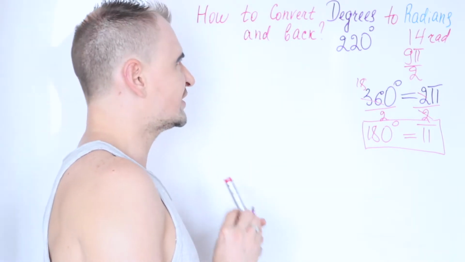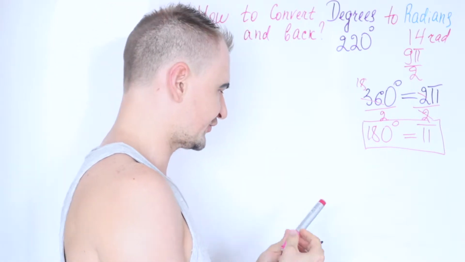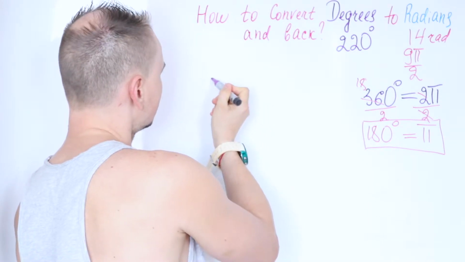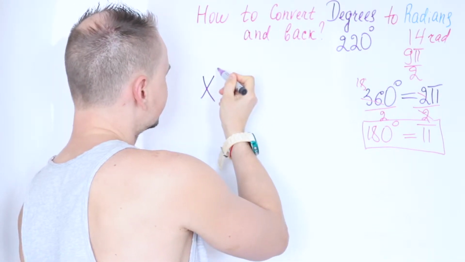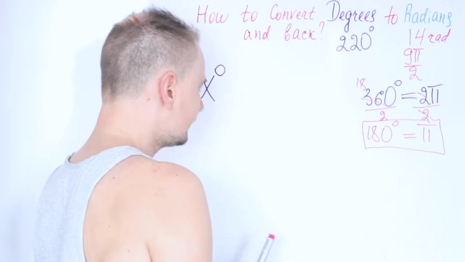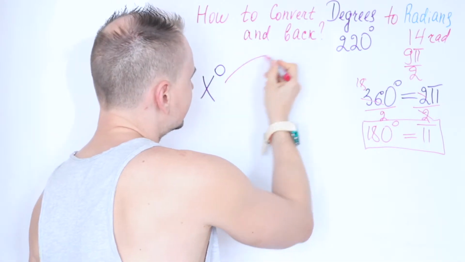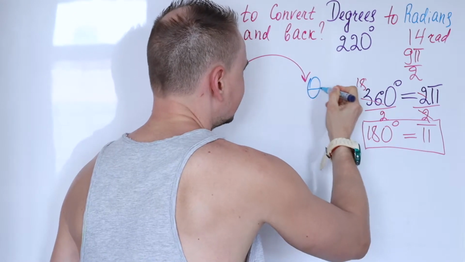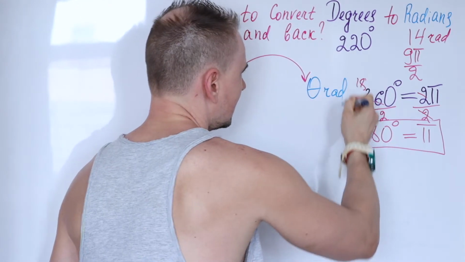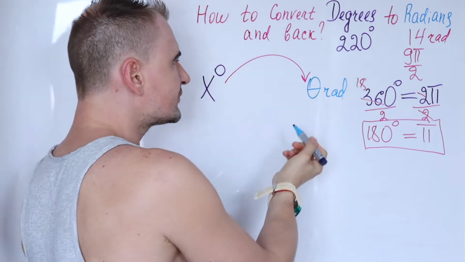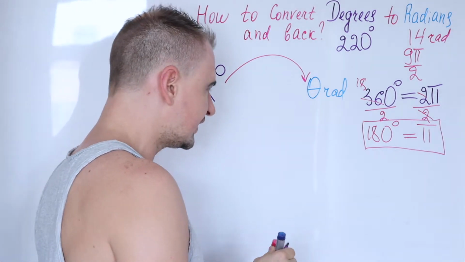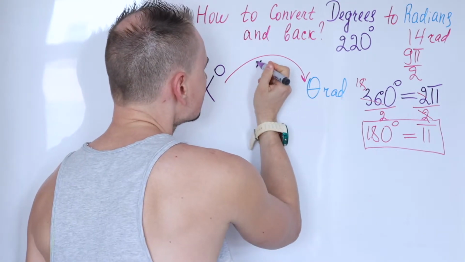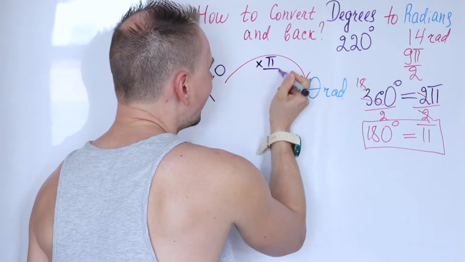How to convert degrees into radians? So let's say you are given x degrees and you want to convert it into radians, let's say theta radians. So all you need to do is just multiply your degrees by pi over 180.